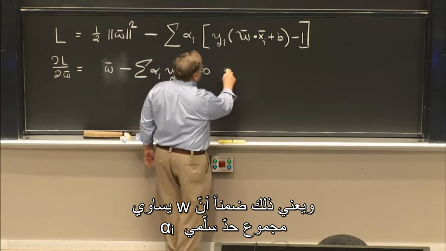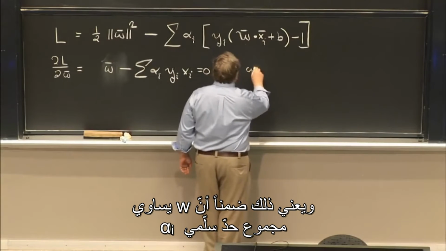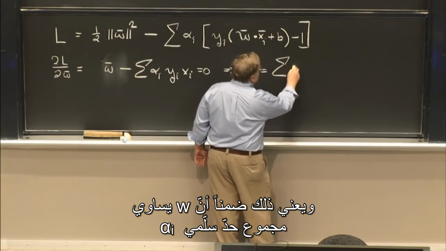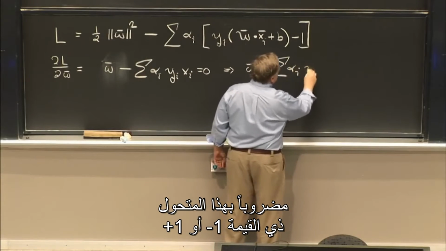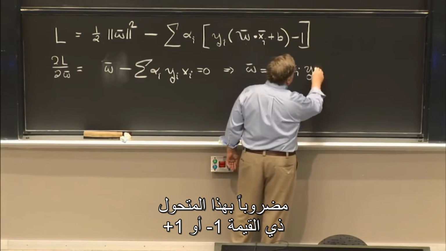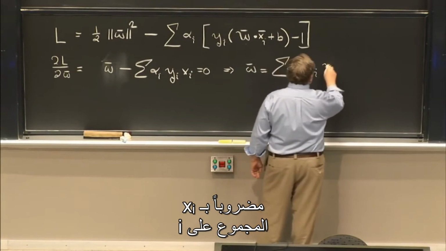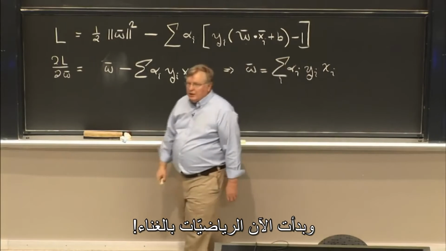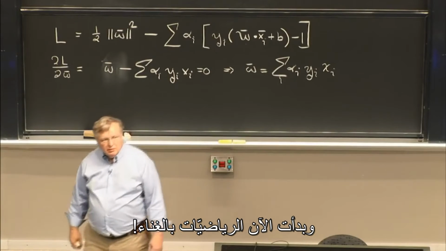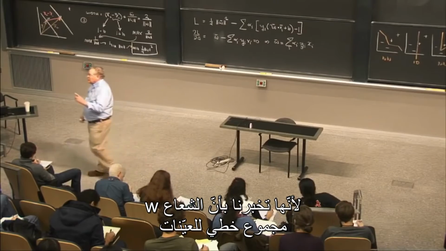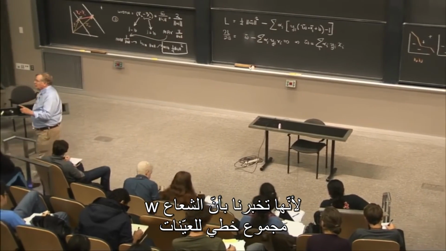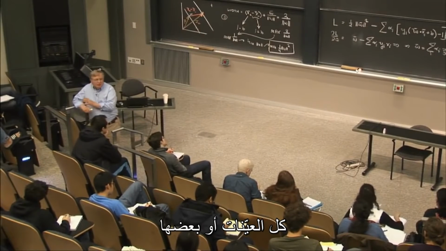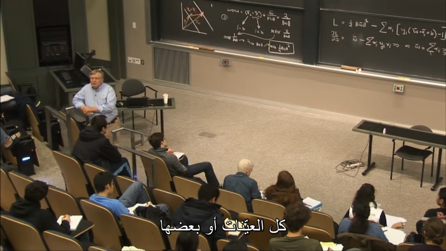And that implies that W is equal to the sum of some alpha I, some scalars, times this minus 1 or plus 1 variable times X sub I over I. And now the math is beginning to sing, because it tells us that the vector W is a linear sum of the samples. All the samples or some of the samples.